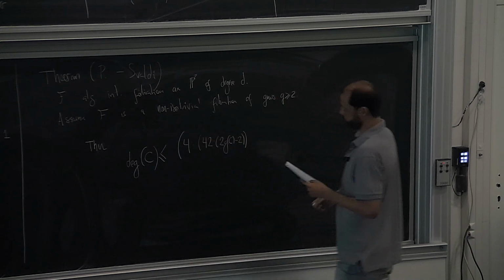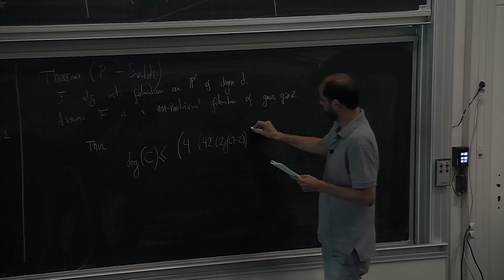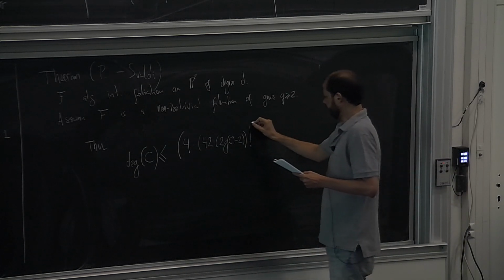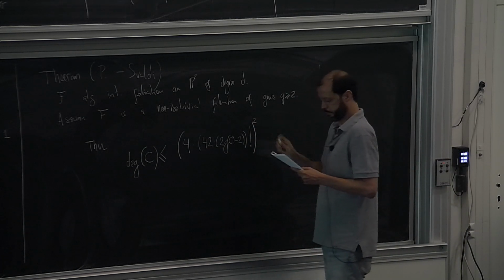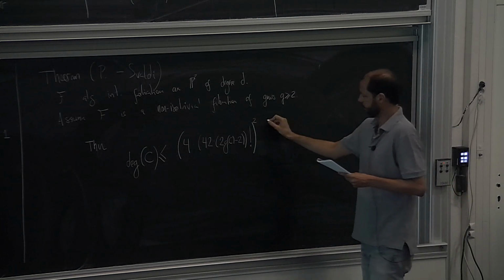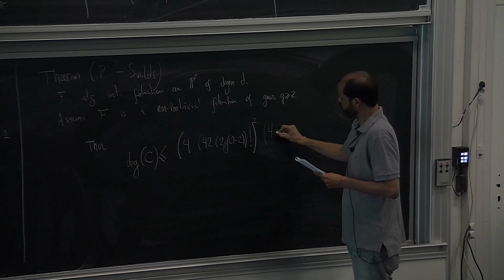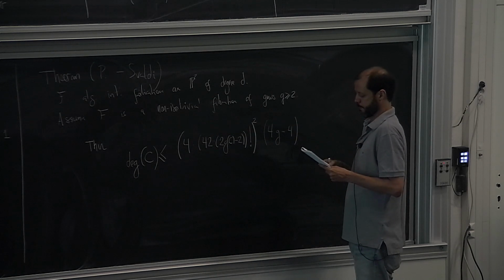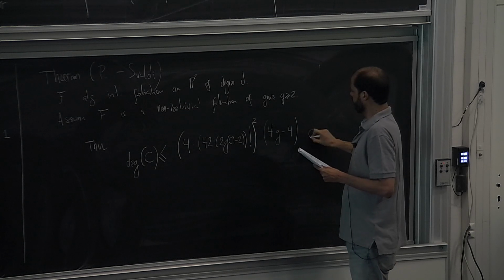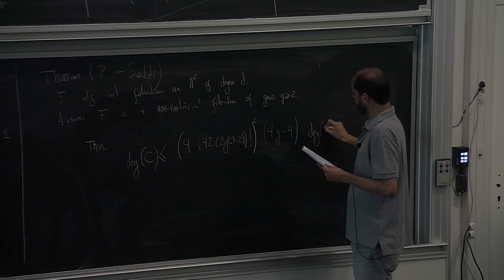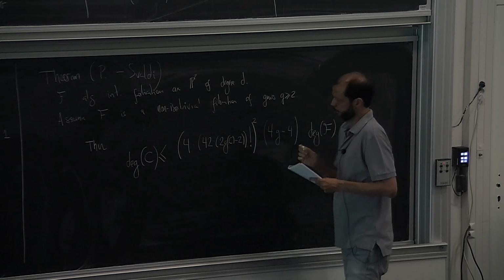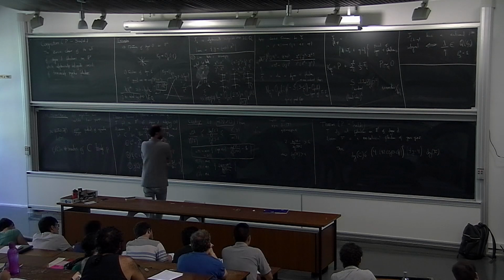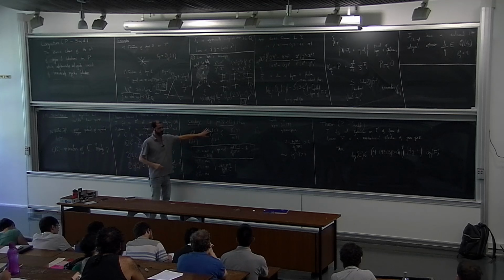So I have closed this 42. And then I put a factorial here. Why not? And then square 4g minus 4 degree of F. And so you see, well, of course, this is much better.